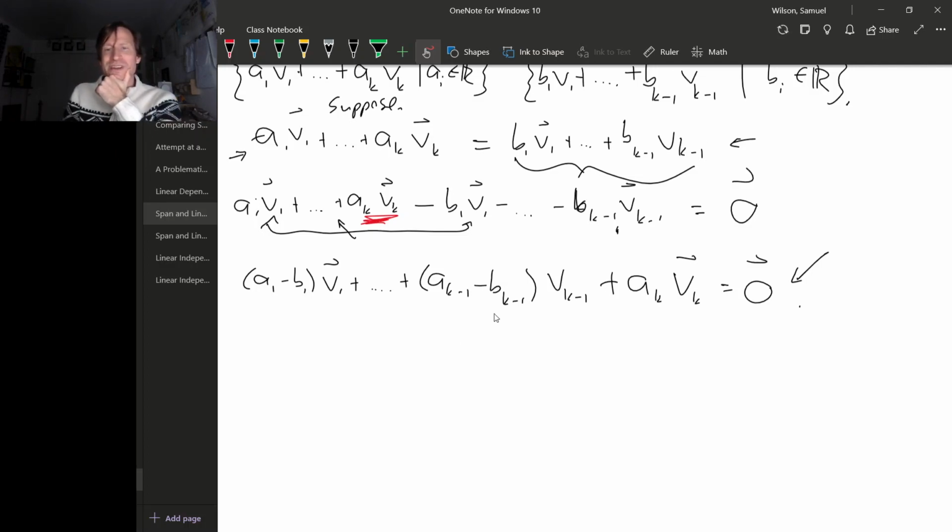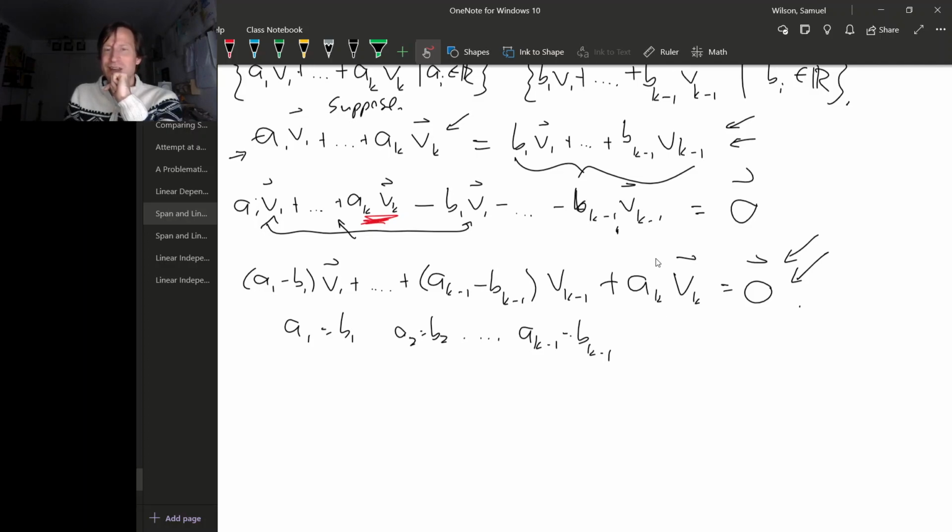So what we found here is a solution to this equation. If every vector on the left is also in the right, then we get a solution to this equation. The question is, is it possible to get a non-trivial solution? Well, we could choose all the a's and the b's so that a1 equals b1, a2 equals b2, and so on, all the way up to a sub k minus 1 equals b sub k minus 1.